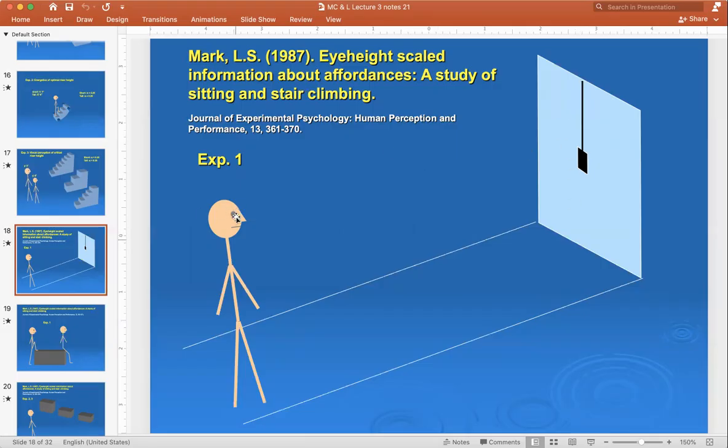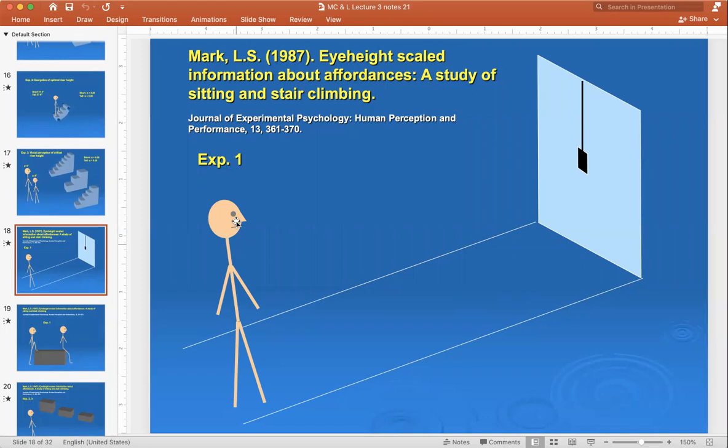And lo and behold, it was very similar to their own eye height. So in other words, people can judge their own eye height in the environment around them. He suggested people use that eye height metric in negotiating and interacting with the world. We see the world in terms of eye heights.